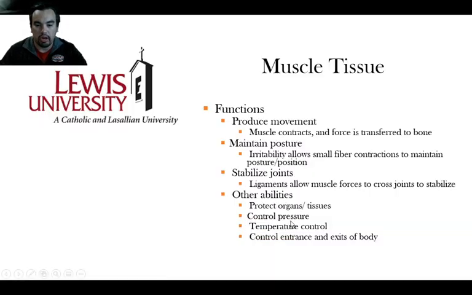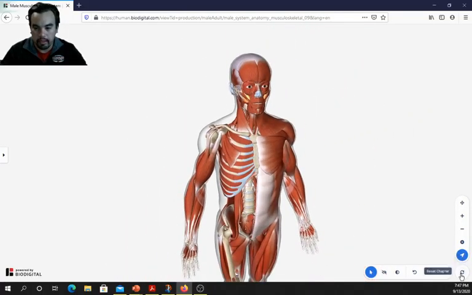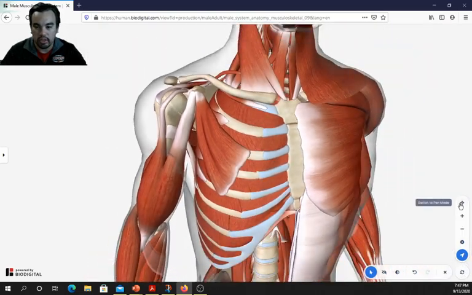Other abilities are protecting organs and tissues, controlling pressure, temperature control, and they control entrance and exits of the body, right? So protects organs and tissues. What do we mean there, right? So let's look here. Let's just use this spot here.